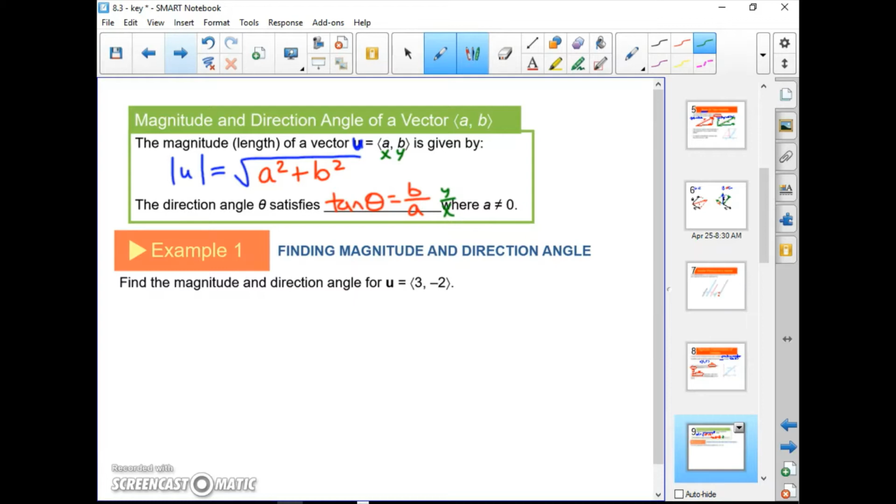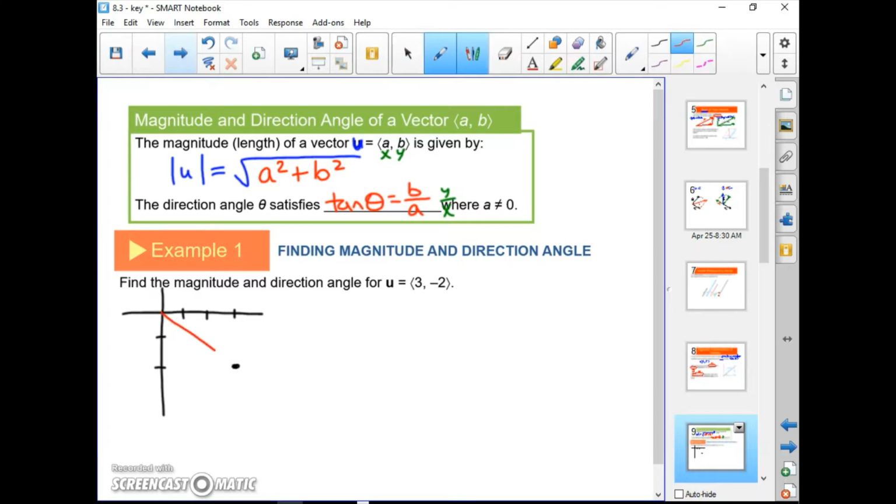Example 1 says find the magnitude and direction for this vector <3, -2>. I think we probably need to draw it. Let's draw it and look at what it is. The point (3, -2) takes us right here. So look at the vector.